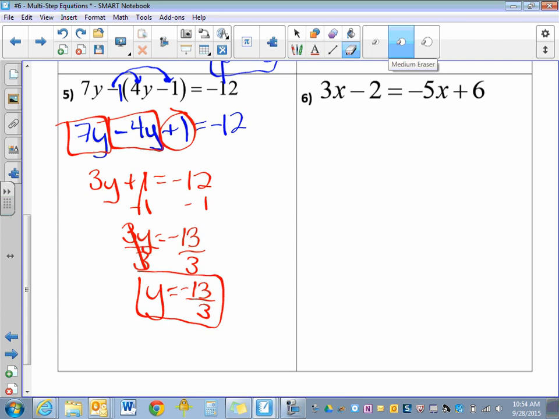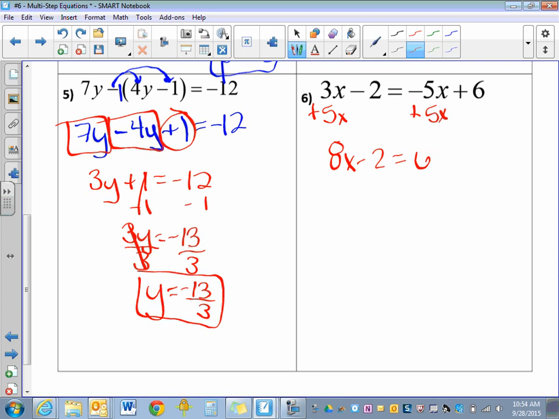So I prefer to go ahead and add this over because then I'm going to have positive 8x. If I were to have subtracted my 3x over, I'd have negative 8x. We will arrive at the same answer, but then you have to deal with a negative. And I prefer to make it positive if I can. Okay?